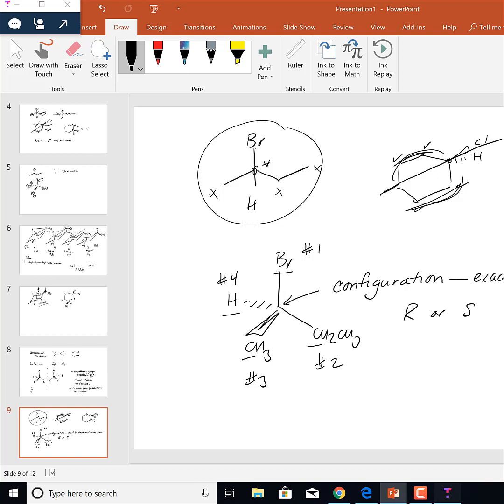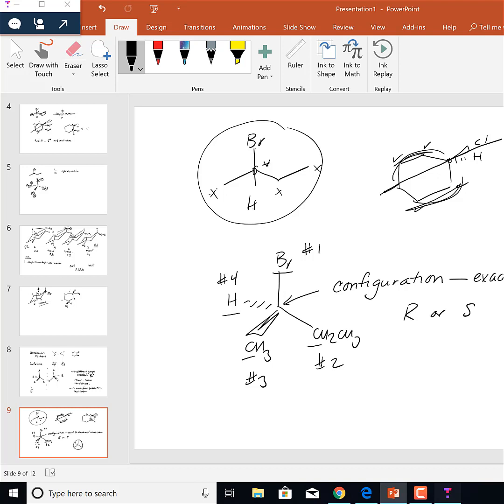Now, what's step 2? Step 2 is to point the lowest priority group away from me. If you can imagine this tetrahedron looking something like a very old steering wheel, where the number 4 group is away from me, I want to orient it so 1, 2, and 3 are like in a steering wheel.